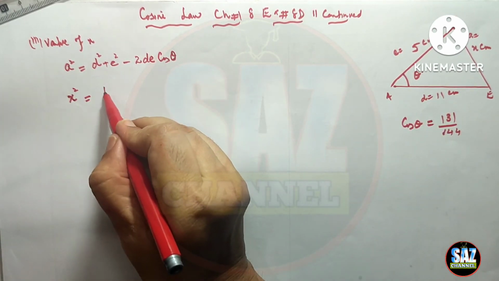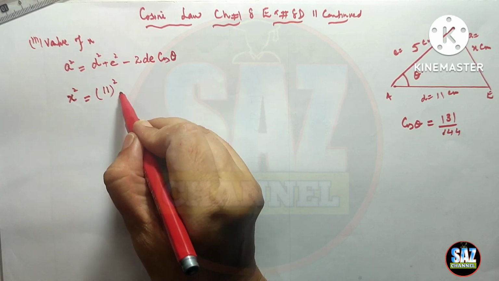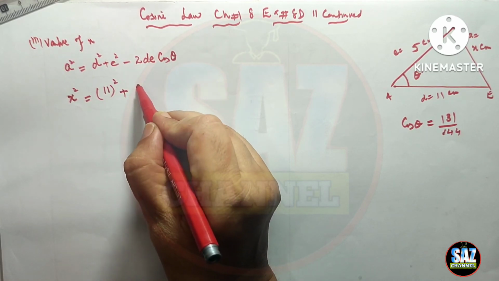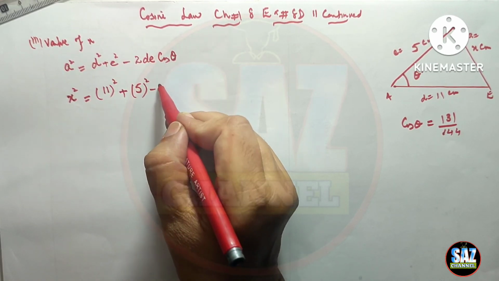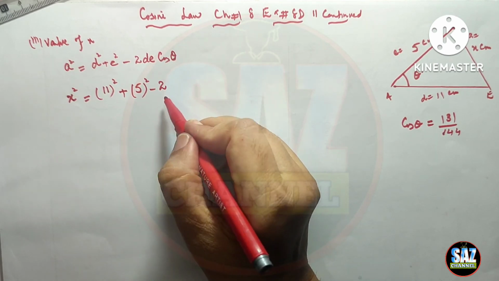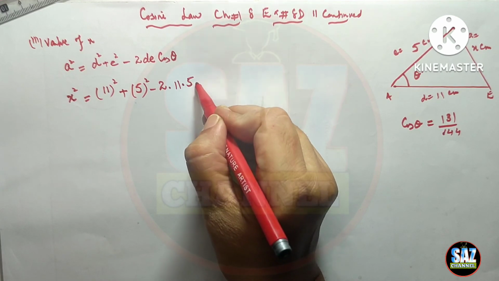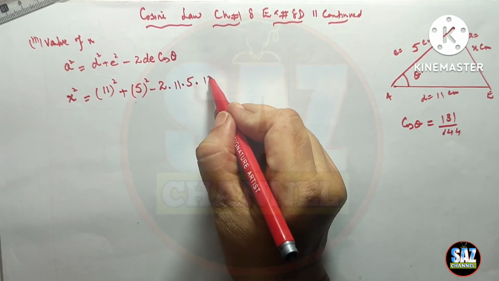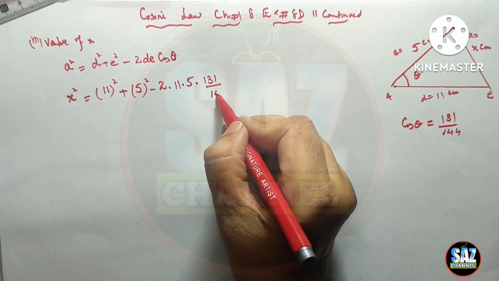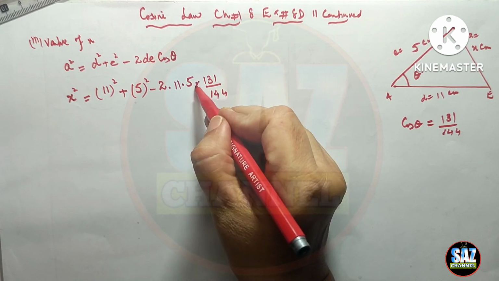D is 11 square, E is 5 square, minus 2 into 11 multiplied by 5 multiplied by cos theta, 131 by 144. The dot stands for multiplication.